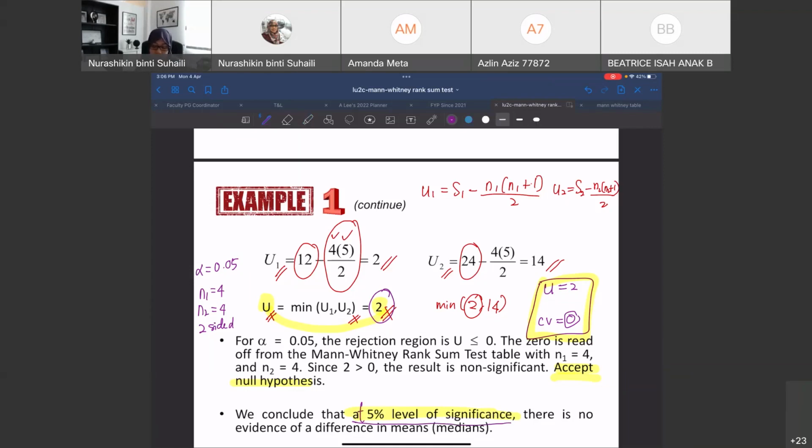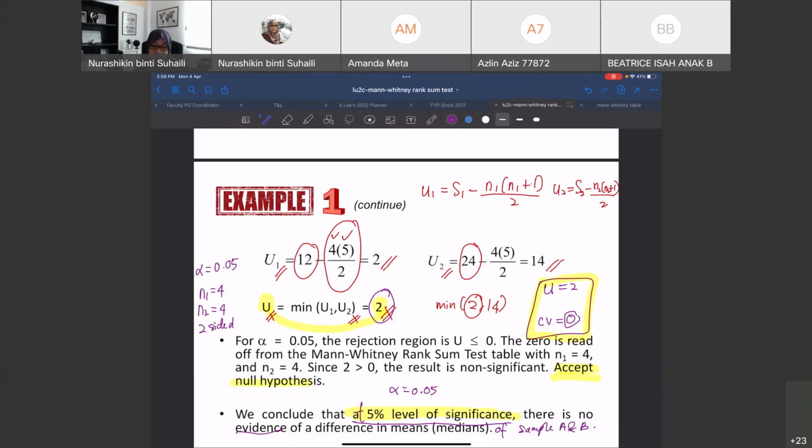At 5% level of significance, or at alpha equal to 0.05, there is no difference in the means of sample A and B. So that is the conclusion.